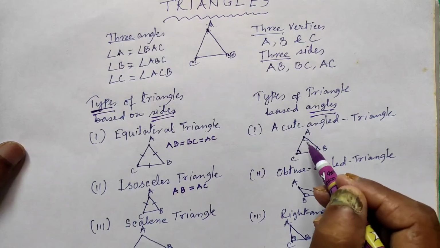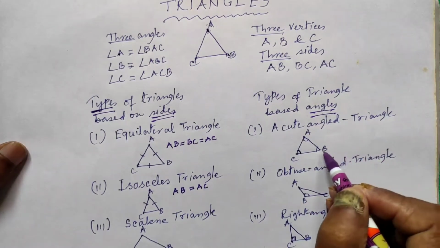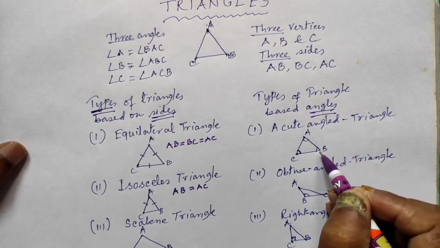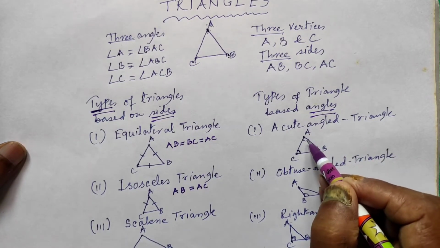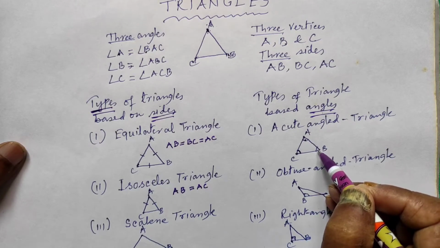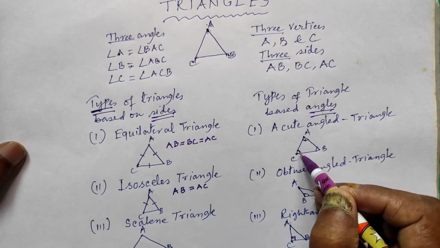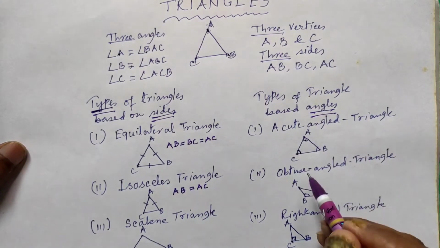Remember that the sum of the three angles is 180 degrees. So suppose if it is 60 degrees, then this will also be 60 degrees and this will also be 60 degrees. In that way 180 degrees comes.